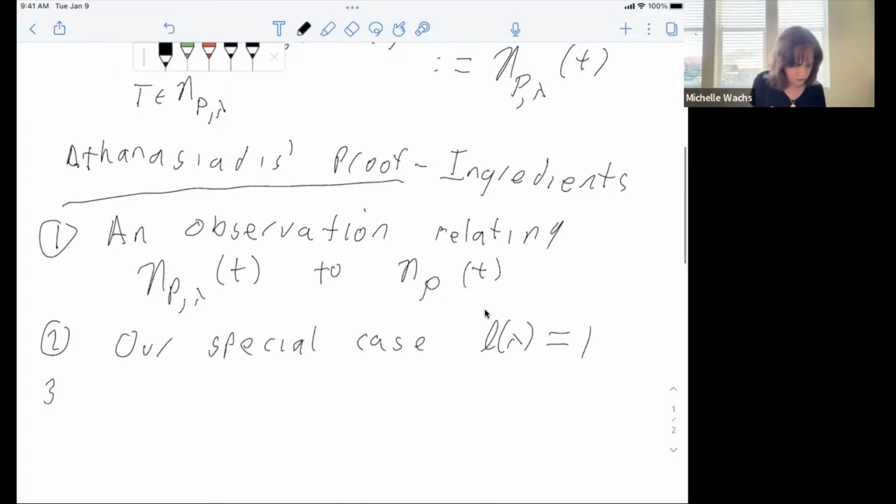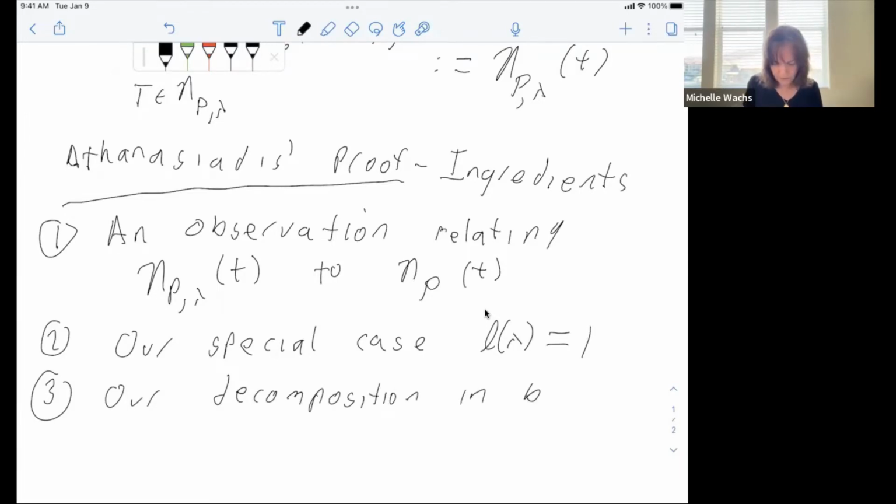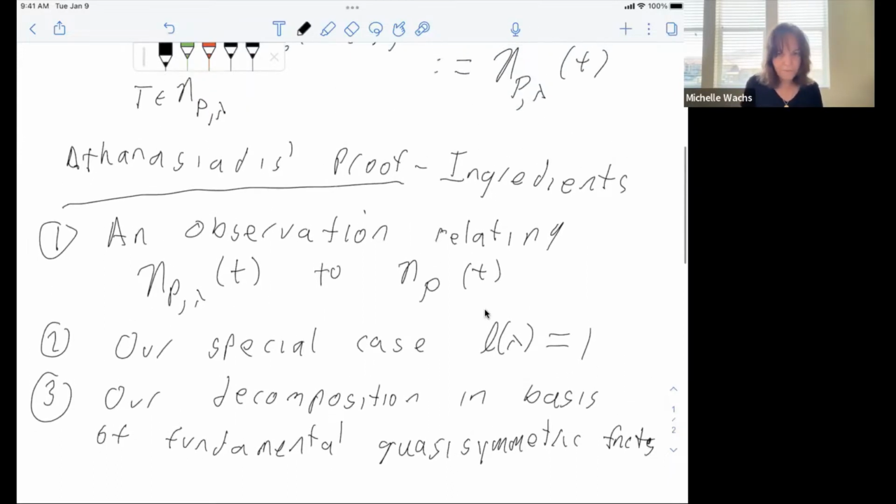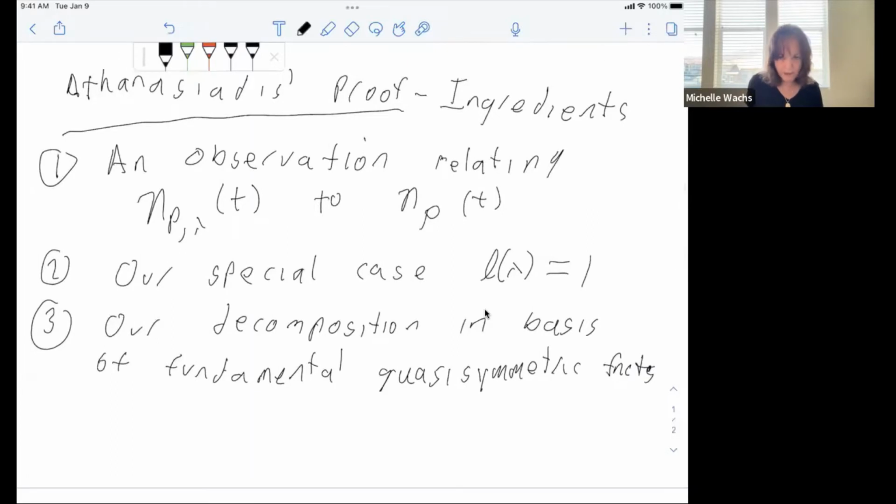The third ingredient was our decomposition in the basis of fundamental quasisymmetric functions. So this came from the paper that we're discussing now, the paper with John.